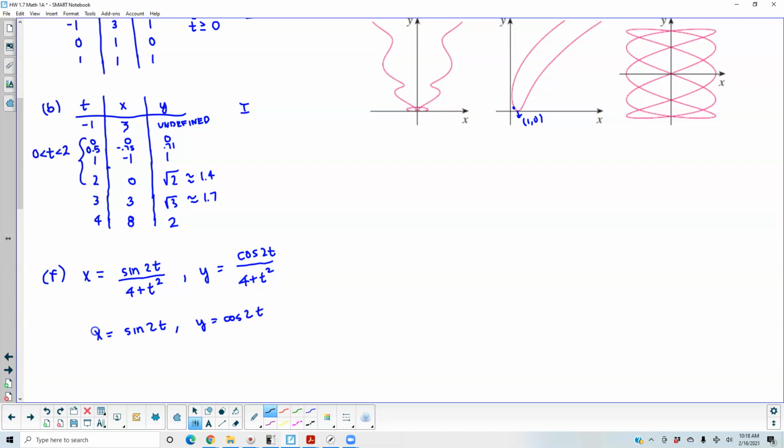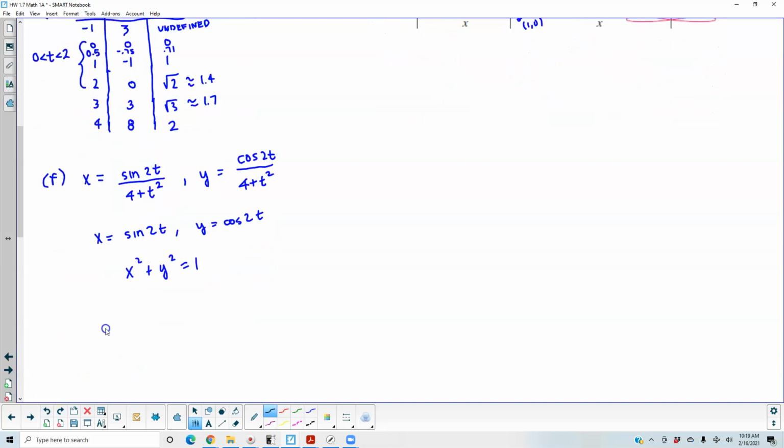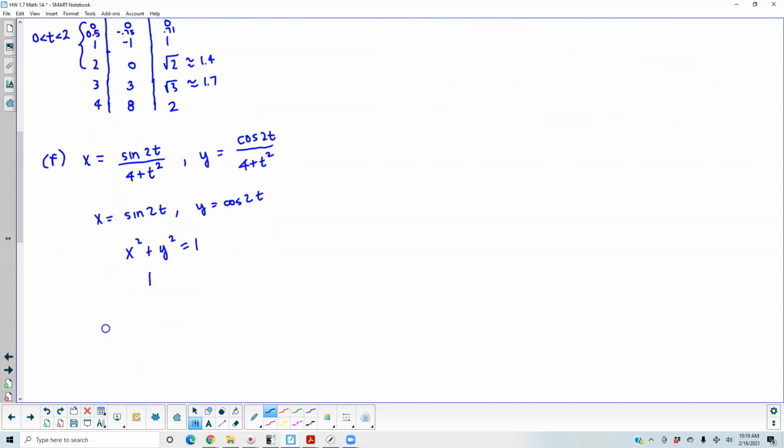And so we know that this represents a circle. We know that that would actually be x squared plus y squared equals 1. And so therefore, when we graph, we know that we're going to end up with a circle.